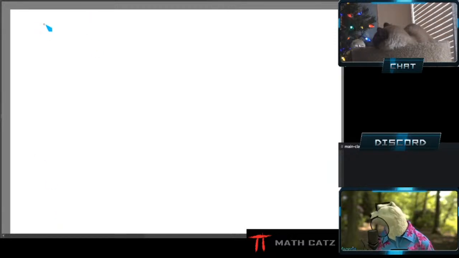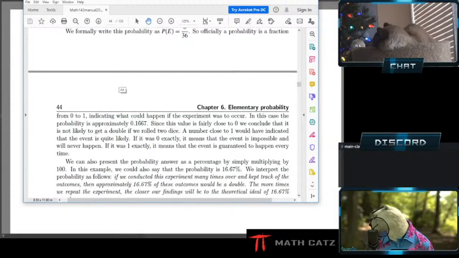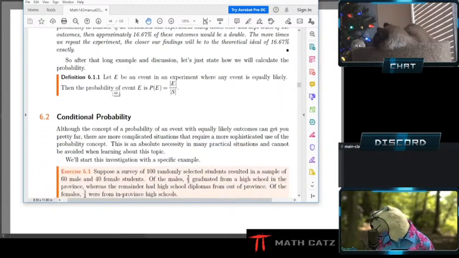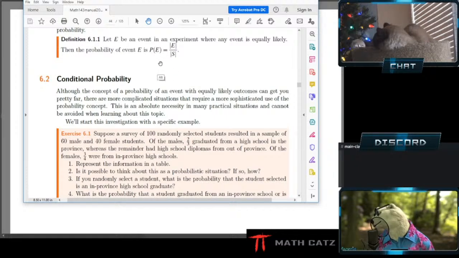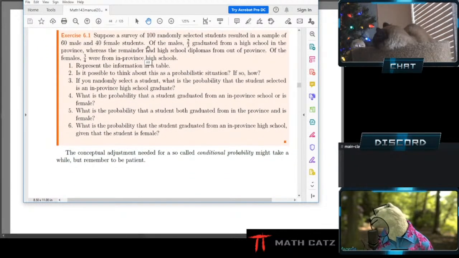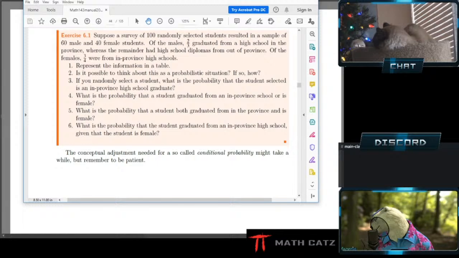For that, we're going to move on to an exercise. That example, we've done that. We've done all that. It's in the book. Our probability definition here is for equally likely outcomes. I'm going to do exercise 6.1. Now, this is a big question.